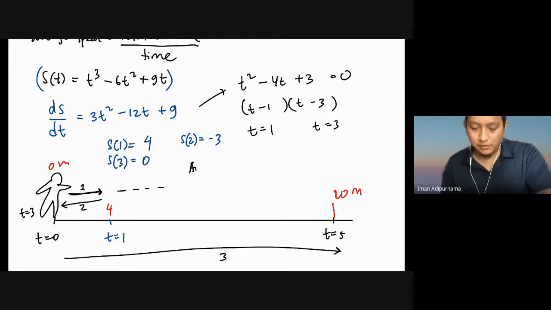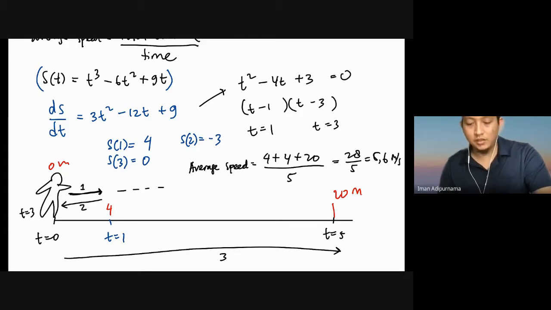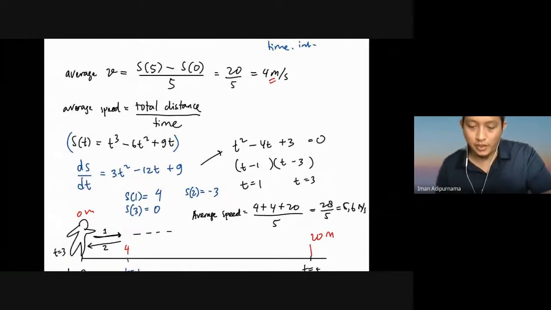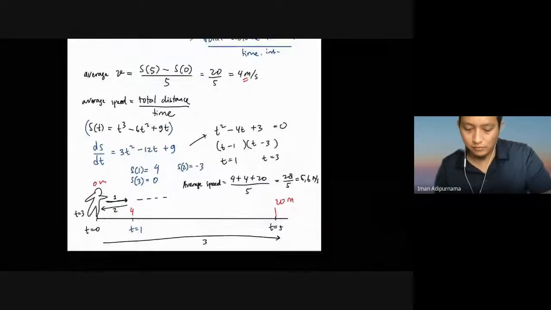So the average speed: 4 meters, then turning back 4 meters, then 20 more, so 4 plus 4 plus 20 is 28, divided by 5 seconds. This is 5.6 meters per second. So what is really happening here? If we look at a graph, okay?